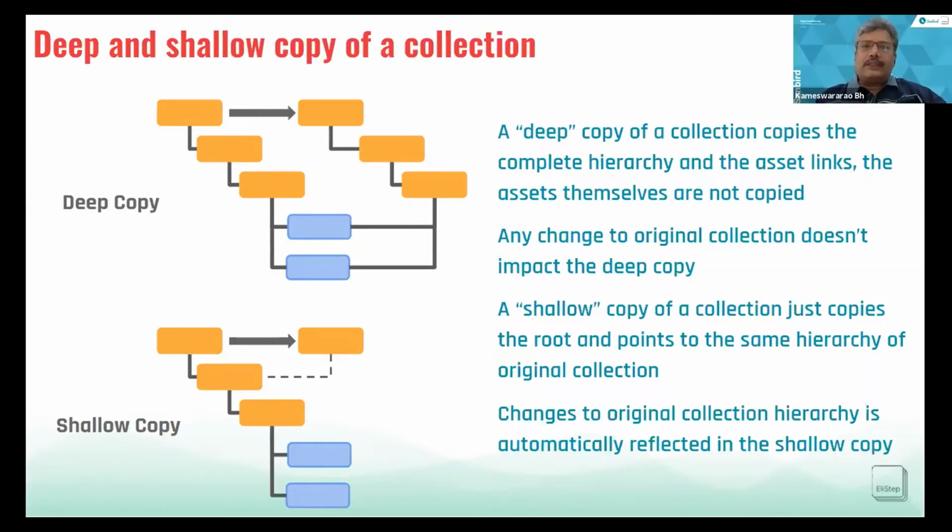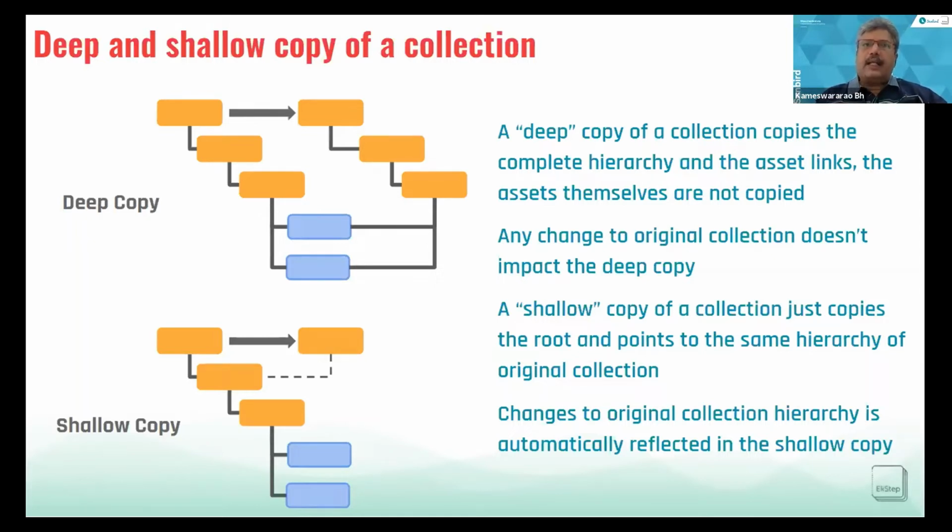However, in the case of a shallow copy, only the root is copied, and then the entire hierarchy points to the same original collection's hierarchy. What does it mean? When you create a shallow copy, you can modify the root metadata: the name of the collection, the description, and let's say the icon which is displayed when you are consuming.